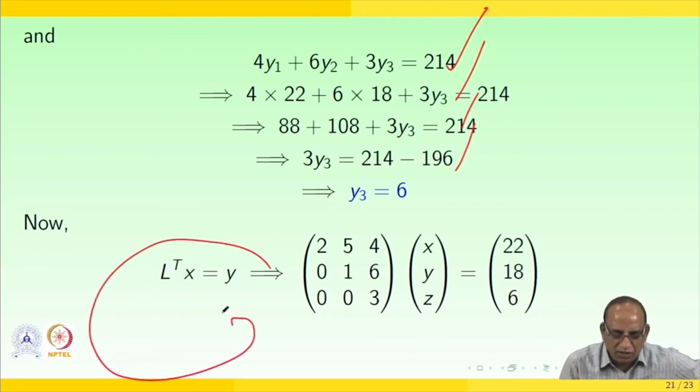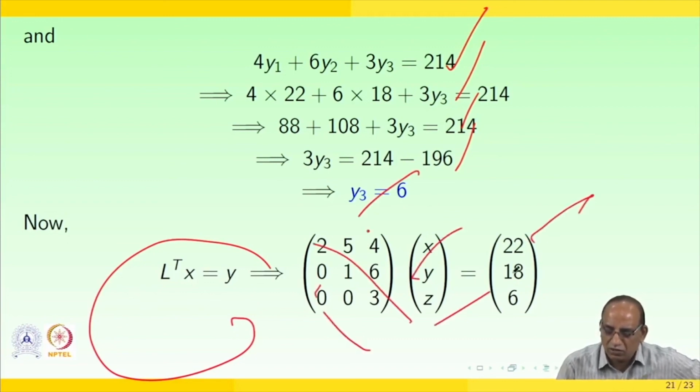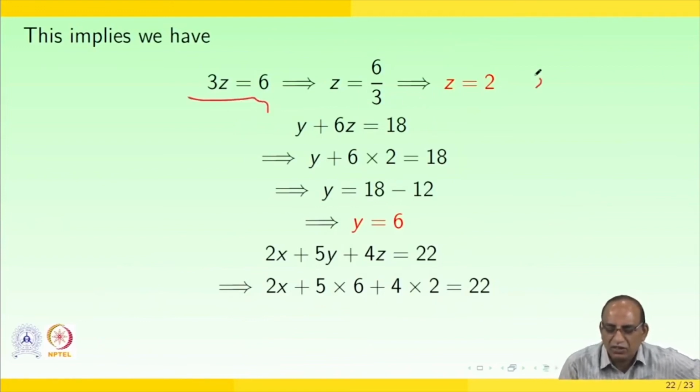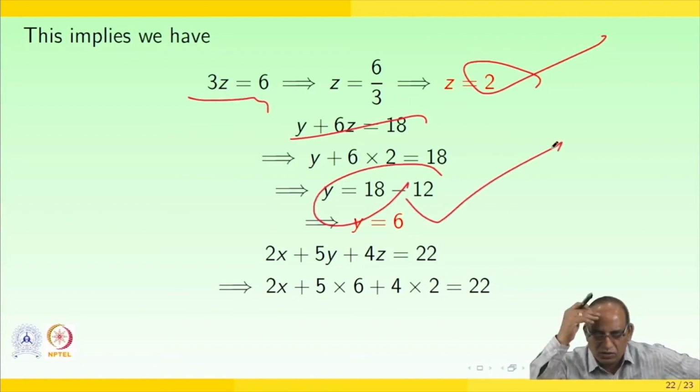So now the upper triangular, that is the transpose, times x is equal to y. So you get 2, 5, 4; 0, 1, 6; 0, 0, 3 times x1, x2, x3 equal to 22, 18, 6. So this simplifies to 3z is equal to 6, so z will be 2, and by the second equation we get y is equal to 6.